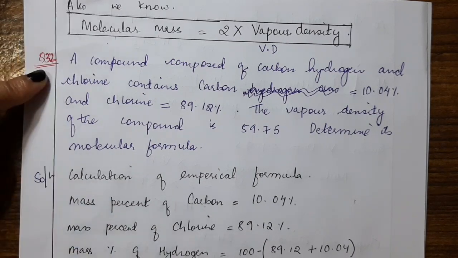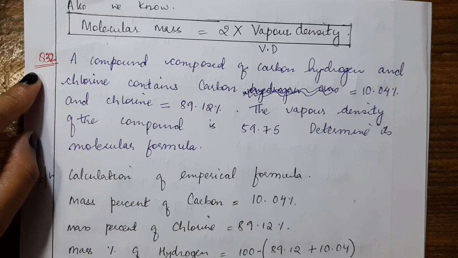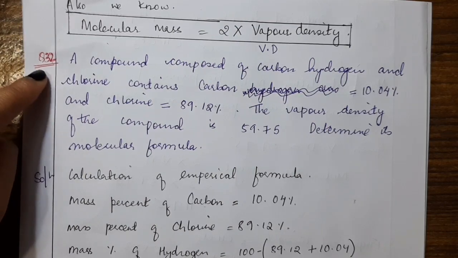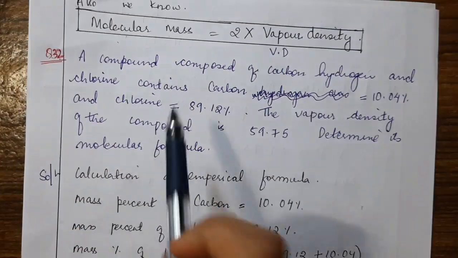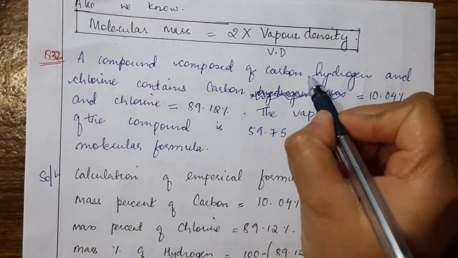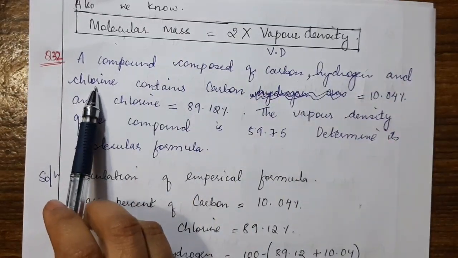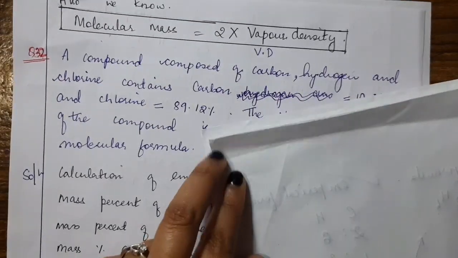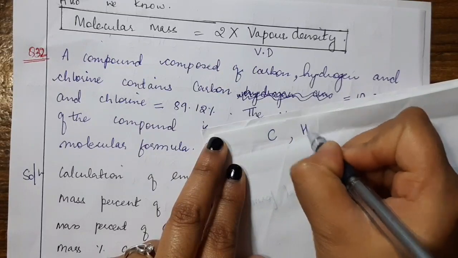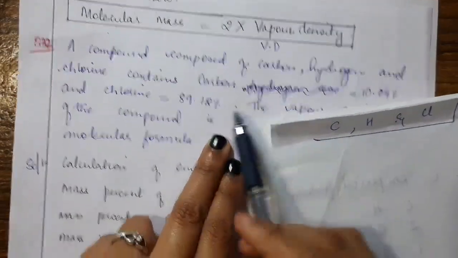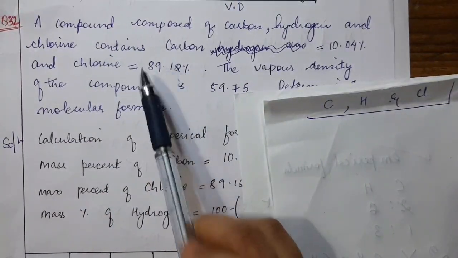Okay, so we have got a numerical here. We have got a set of rules to find out the empirical formula, so we'll just see the rules. The question is, a compound is composed of carbon, hydrogen, and chlorine, and their mass percentages are given.